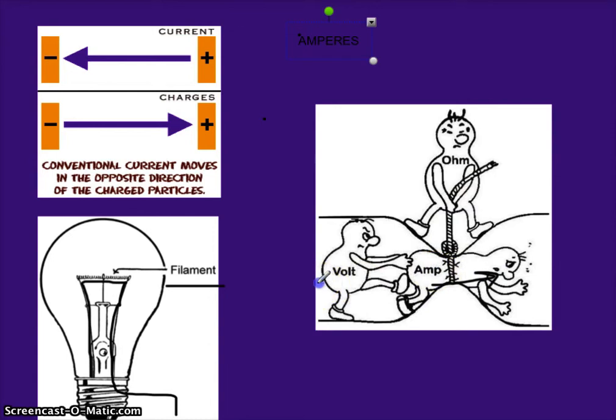The volts are the potential energy, how much electricity could go through. The amperes is the actual energy, more the kinetic energy, what is actually going through, and you have the ohms or the resistance, which is trying to limit the amount of current that is going through.